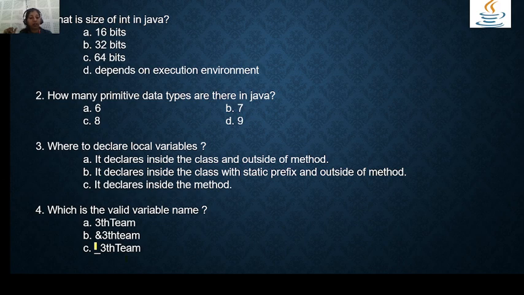Yes, the third one. The variable name can start with an underscore or a dollar sign. So the first and second are not the right choices because a variable name cannot start with a digit or with a special character, and the ampersand is not a character allowed in a variable name. So the last option, underscore team. Okay, so option C is correct.